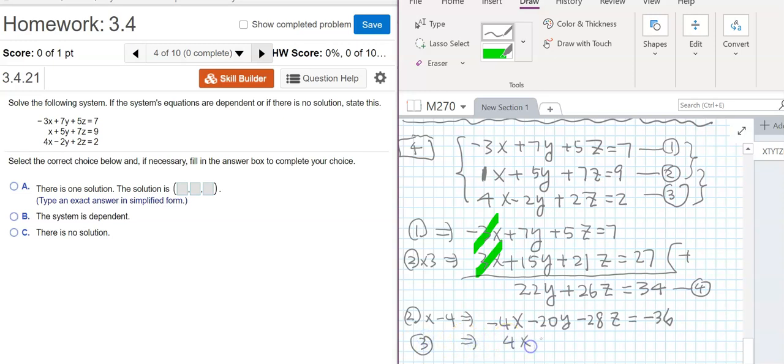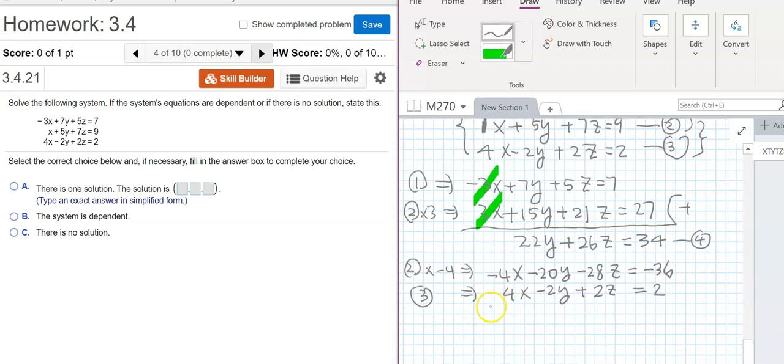So 4x minus 2y plus 2z equals 2, right? So now I'm going to add this so I can cancel x again, so that I can have another equation like this. So what equation am I getting here? I'm adding: negative 22y minus 26z equals negative 34. So now I'm going to work with equations 4 and 5.